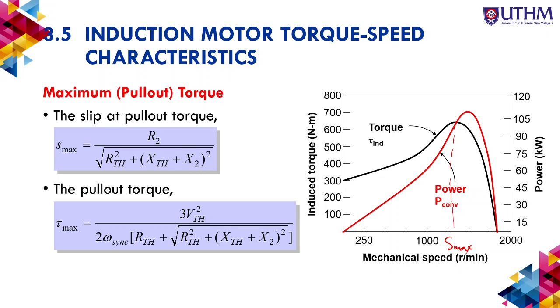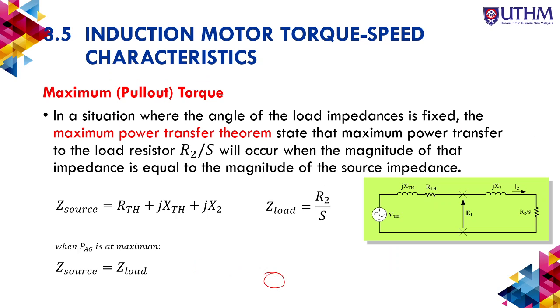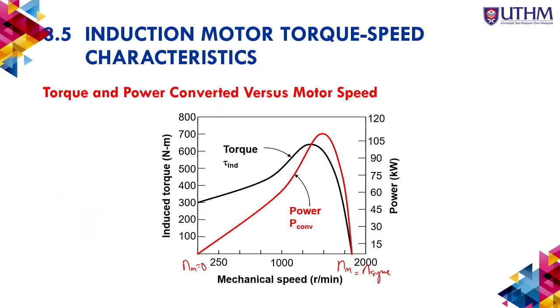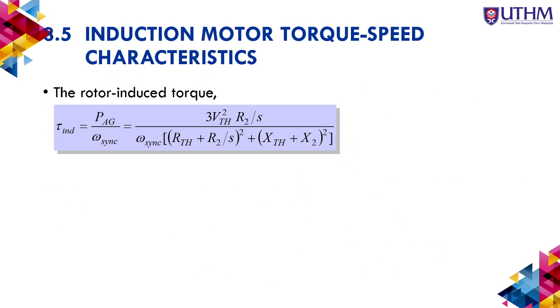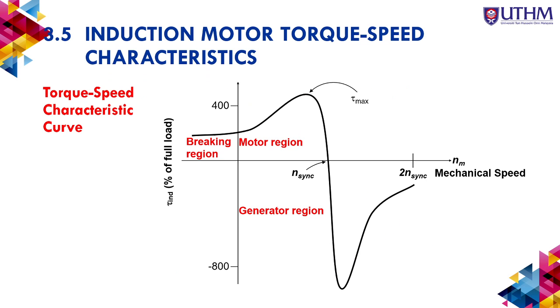Then we replace the value of S. If you still remember the equation, I go back to the equation. We can see that over here they have S, so we replace it with S max.